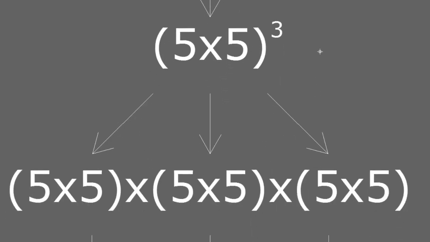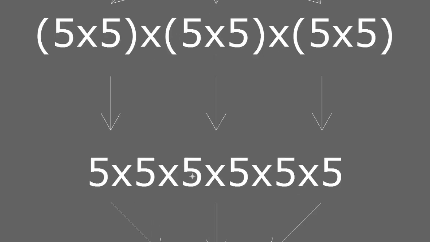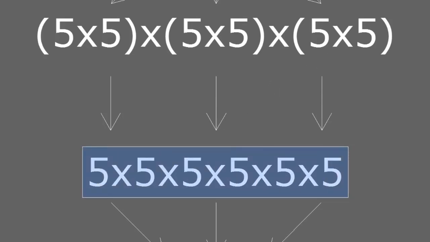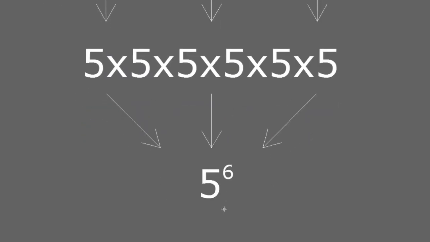So it becomes 5 times 5 multiplied by 5 times 5, and again multiplied by 5 times 5. I can remove the parentheses because it doesn't change the answer here, and at the end all I have is 5 multiplied by itself a total of 6 times, which equals 5 to the power of 6.